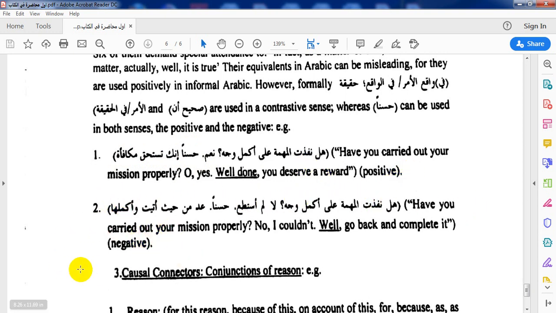Have you carried out your mission properly? Properly? No, I couldn't. Well, go back and complete it. So well here is used negatively by the speaker. هل نفذت المهمة على أكمل وجه؟ لا لم أستطع. حسنا عد, which means I don't agree.